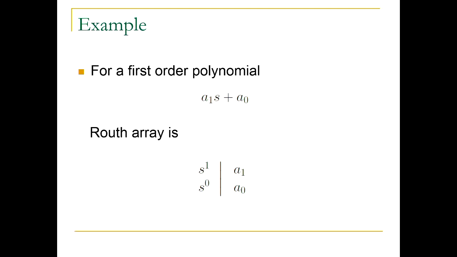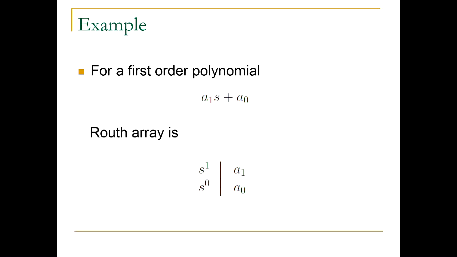If you have just a first order polynomial, as I said, in the first row you start from the first coefficient, and then you skip 1, but then the next one would be a minus 1, which is not there at all. The second row, we start from the second highest coefficient, and that's a0. The next one, if we are skipping, would be a minus 2, but that's 0, so we stop there.